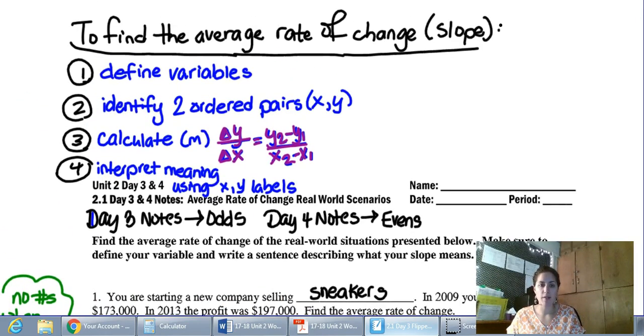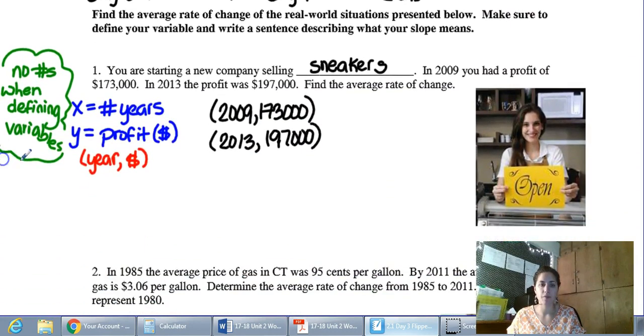Now that I've got my ordered pairs, calculate the slope. So let's go ahead and do that. I'm going to let myself use this whole space right here. So I'm going to go all the way over to the left and say m equals change in y divided by change in x equals, let's see, my y values are right here.